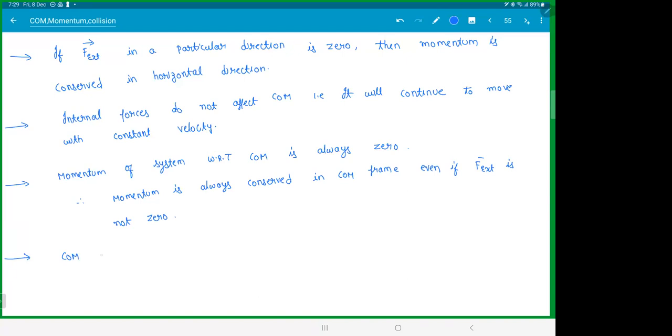The center of mass can be treated like an independent particle. If someone asks you to find the position of center of mass, you need not find all the particles and then the center of mass. Find the velocity, find the acceleration, and just treat it like a new particle.